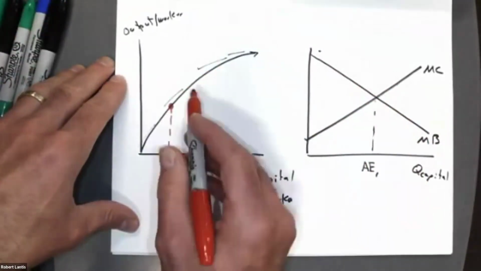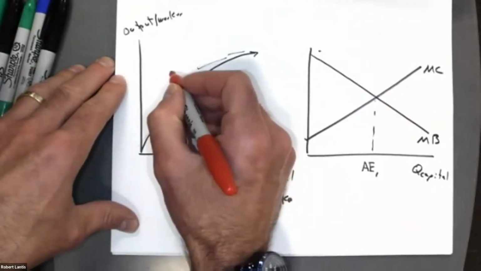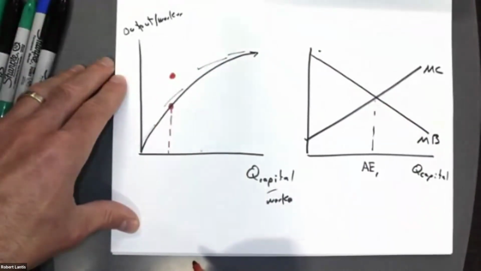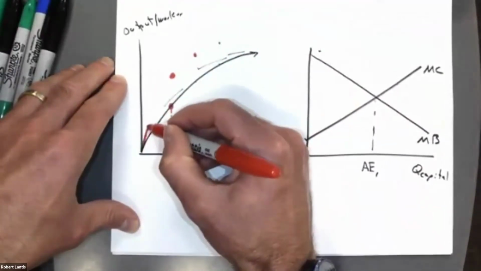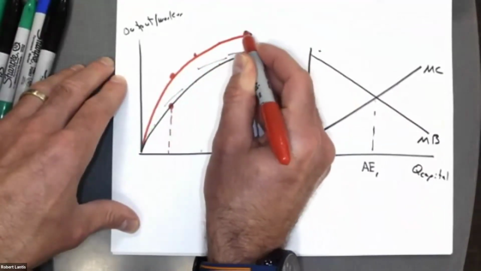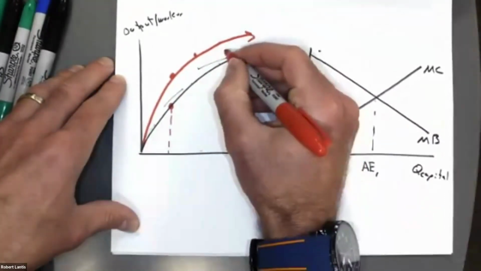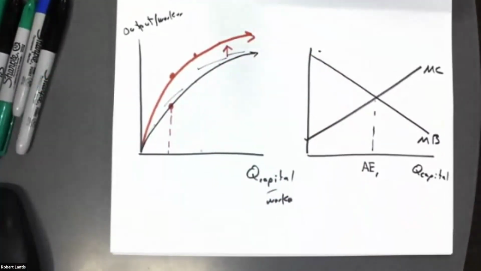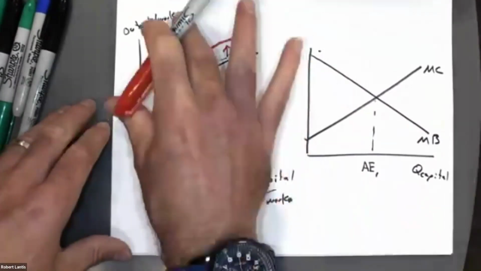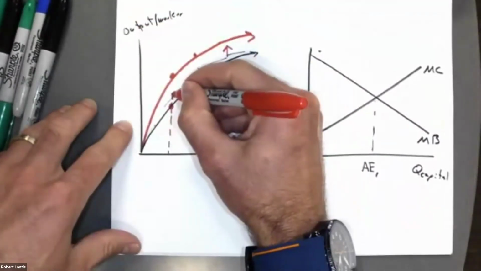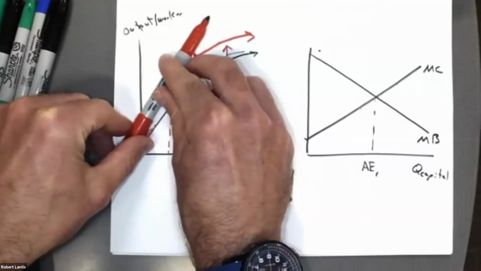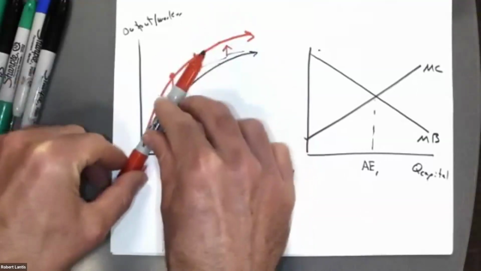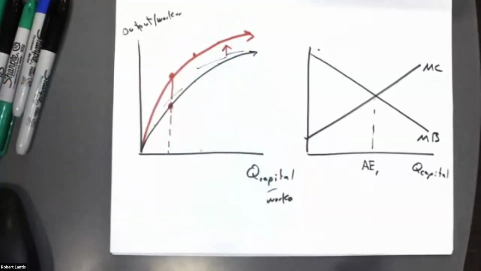So if I invest the same amount in capital, but I have this new technology advancement, I can get even more output. And that is going to be true at every level of capital investment. So what's happening to my macroeconomic production possibilities curve? It would be increasing. Well, if this is increasing at every single point, what's happening to the slope? It is getting slightly steeper.